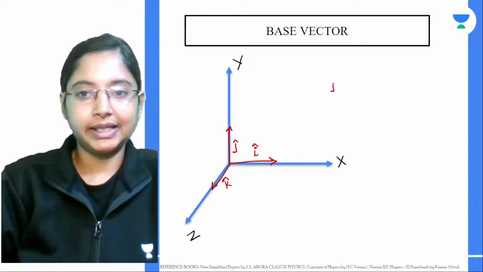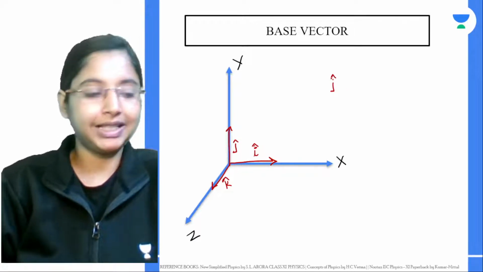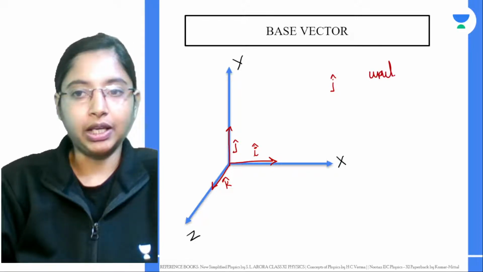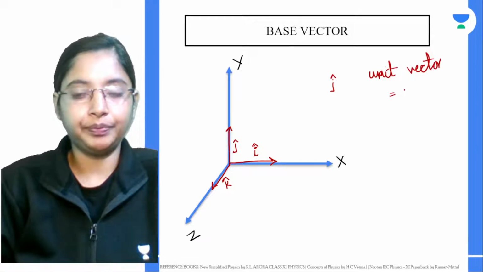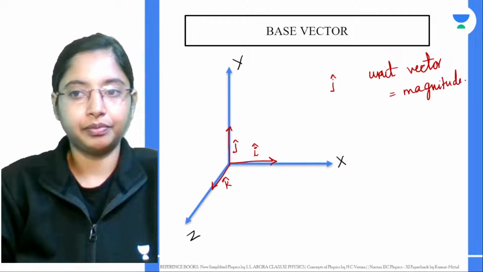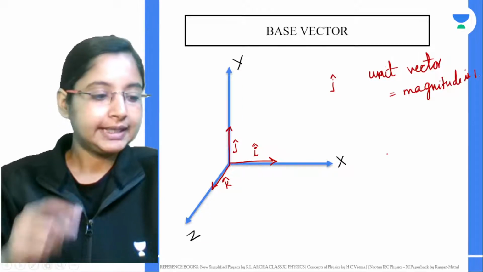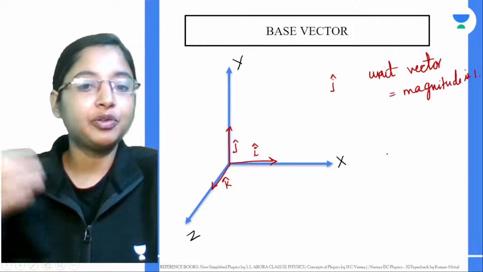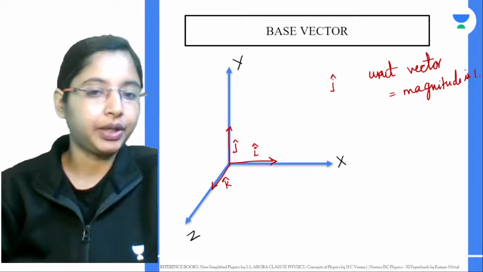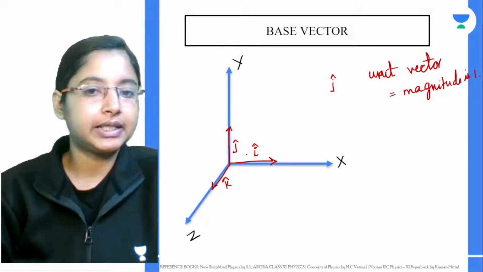What do you mean by this cap that we are seeing over here? These are unit vectors. Whenever you say something is a unit vector, their magnitude is 1. Since their magnitude is 1, it becomes very easy for us to use them in our calculation. So how do we get something as a unit vector?